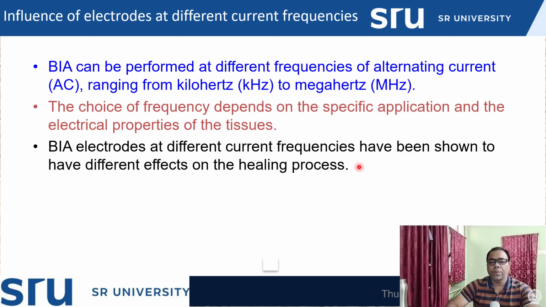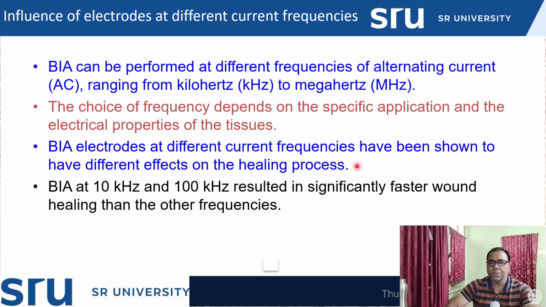Electrodes at different frequencies have shown different effects on the healing process. That's why we are gathering information about the healing status, and based on the information received, the doctor can start the treatment process.